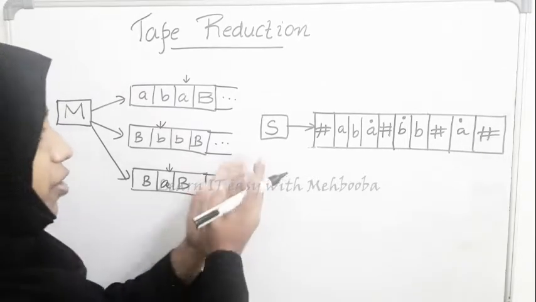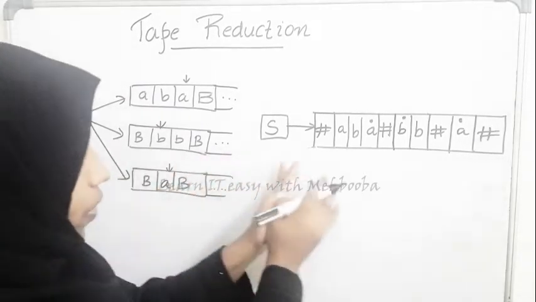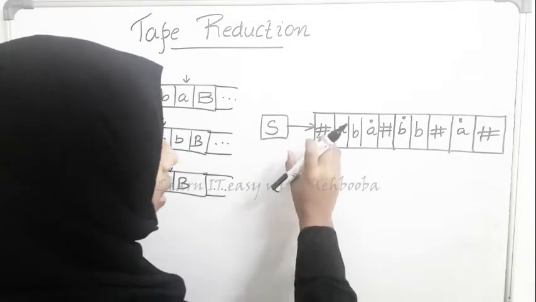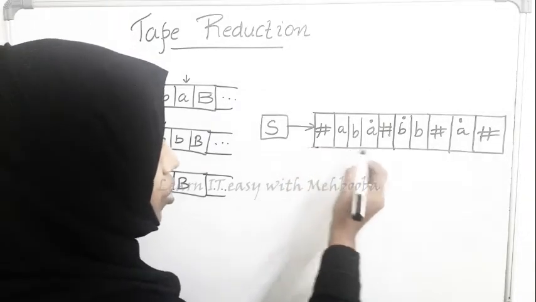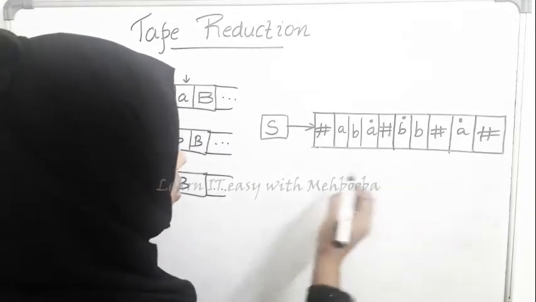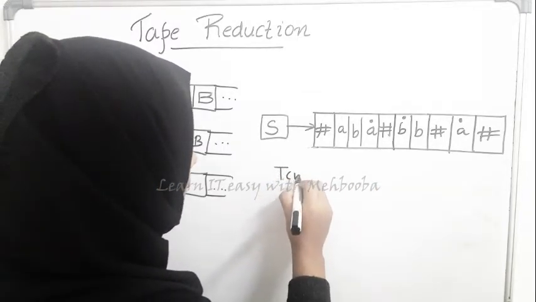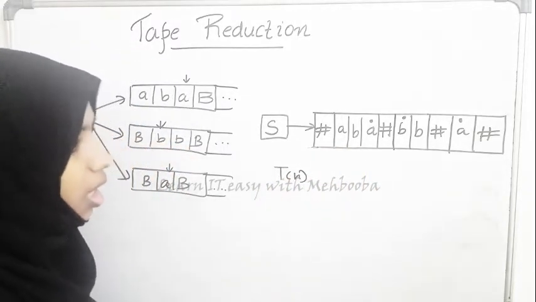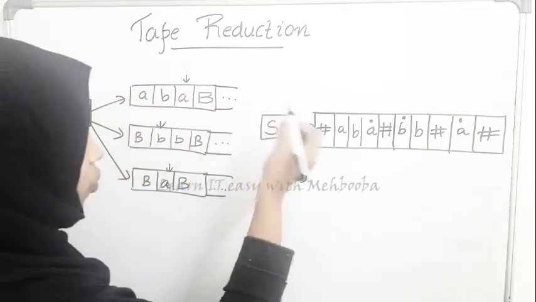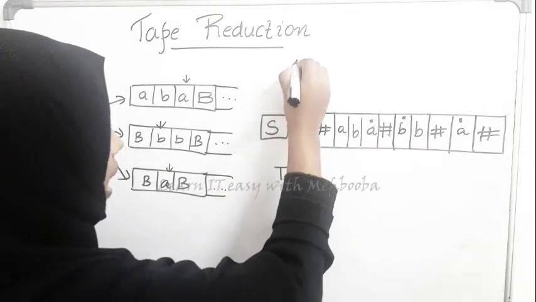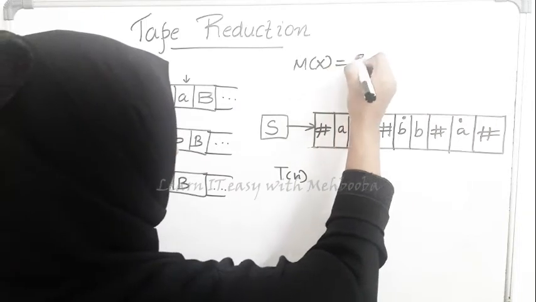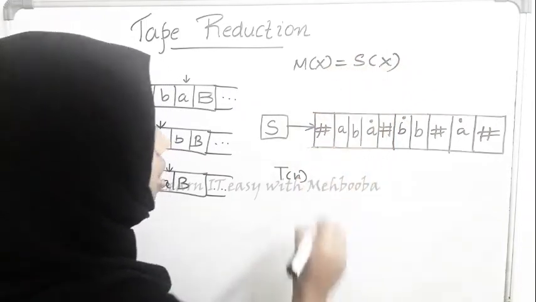See, to simulate this M on this, what S does is, first it has to read from the leftmost hash to the rightmost hash to understand the symbols, isn't it? So it will take T of n time to read all the n symbols. Now let this be M. What our aim is, for all x, the machine M on input x should work exactly like S on x.